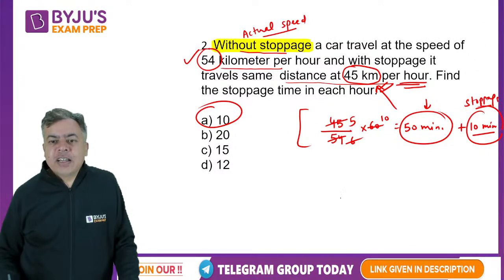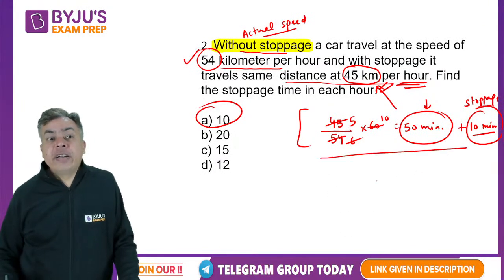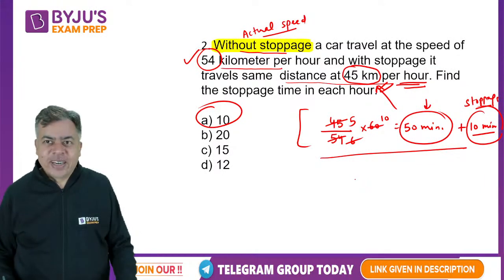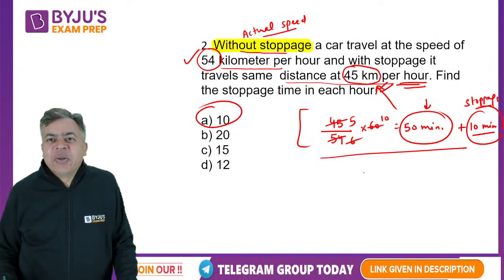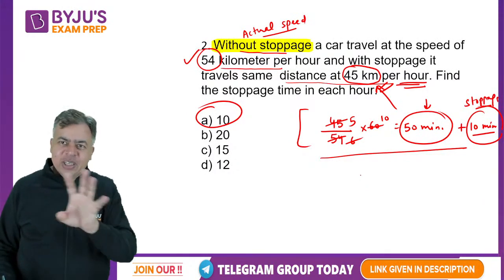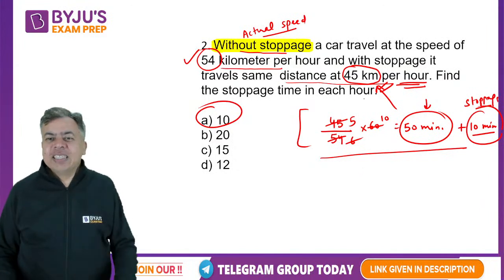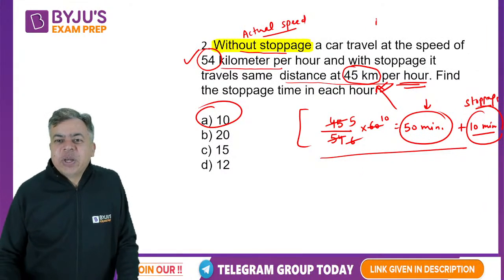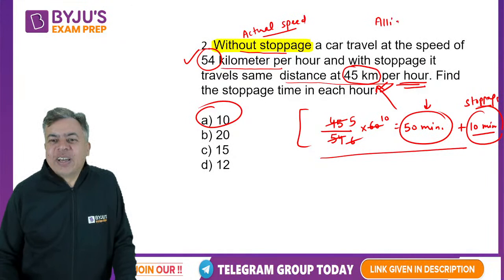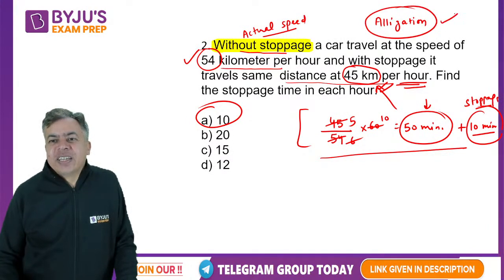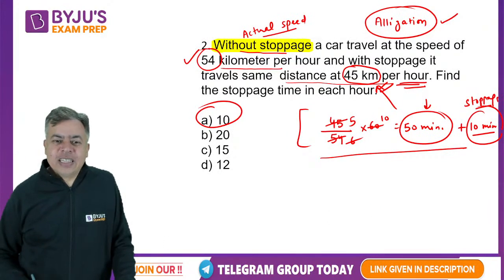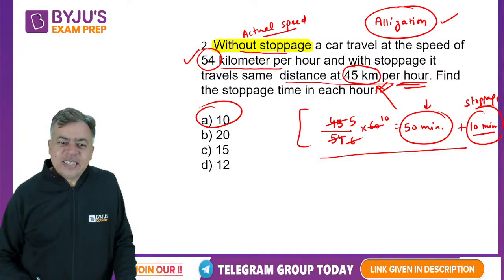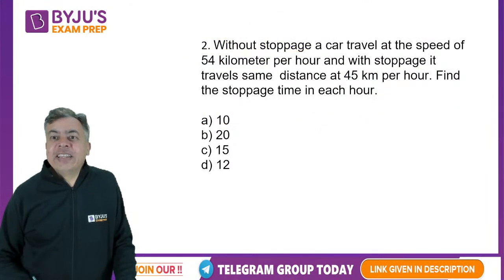This is by the logical and time-speed-distance method that I am solving it. If you have understood this, very good. Otherwise, if you know alligation, you can apply alligation also here. Let's see the alligation method.